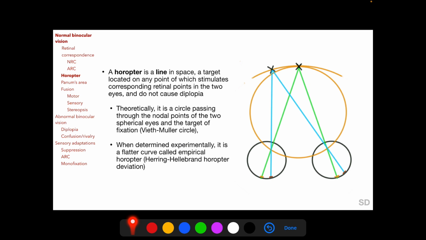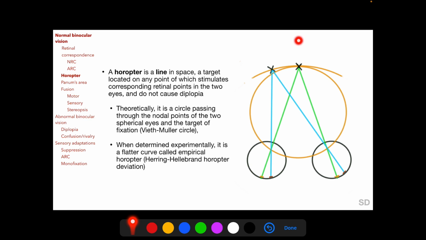And as we shall see later in this session, targets located in the midline but outside the horopter project to temporal retinal areas in both the eyes when they are in the midline but proximal to the target of fixation, or project to nasal retinal areas in both the eyes when they are in the midline but distal to the target of fixation.